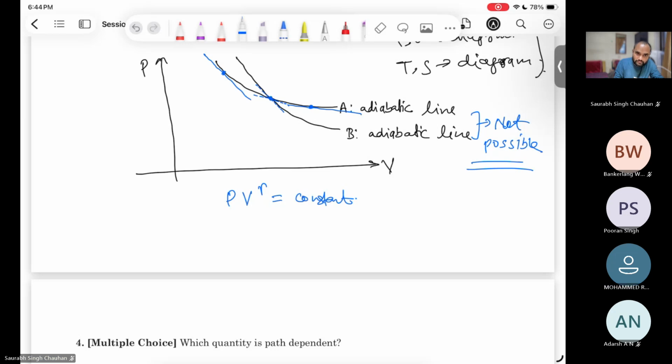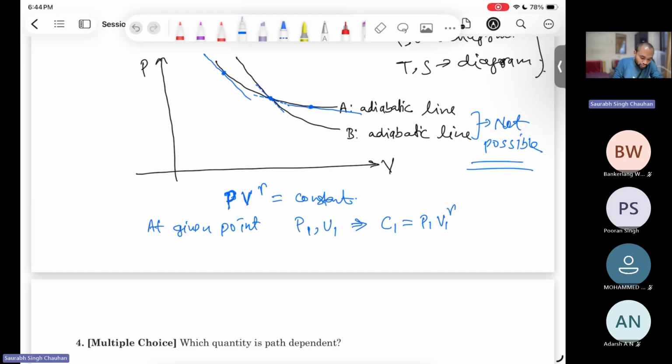At a given point, you have P1 and V1. So you have that the constant C1 is equal to P1 V1 to the power gamma.